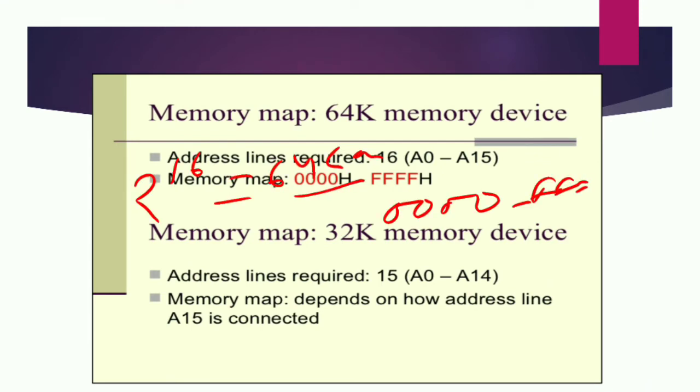If a 15-bit wide address is used for addressing memories and I/O devices, then 15 address lines, A0 to A14, are required. So the memory map is 2 to the power 15, that is equal to 32 kilobytes of memory or I/O devices. The memory map depends on how address line A15 is connected.